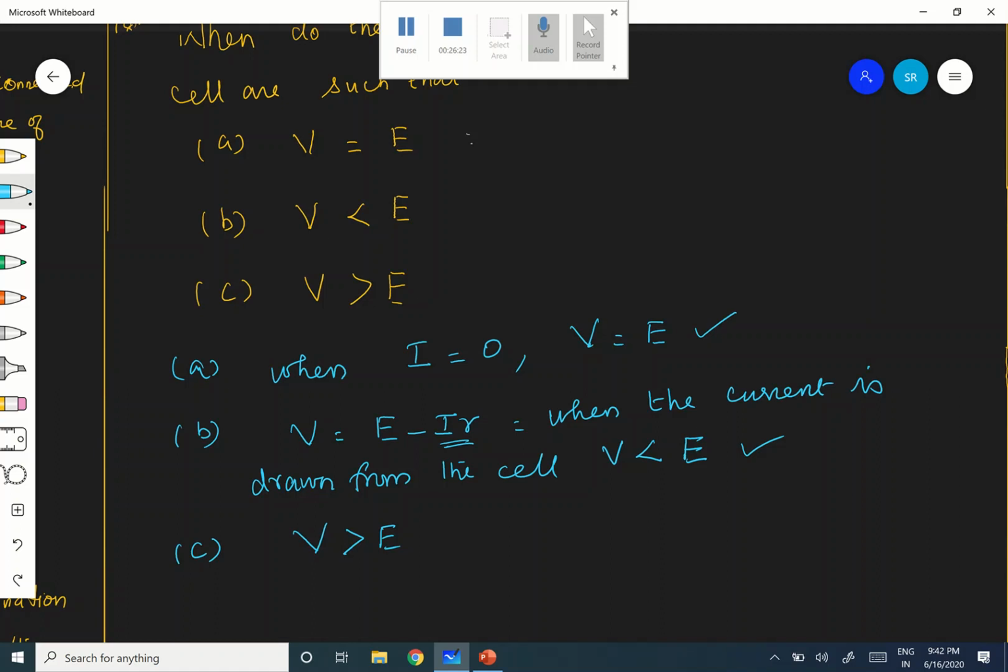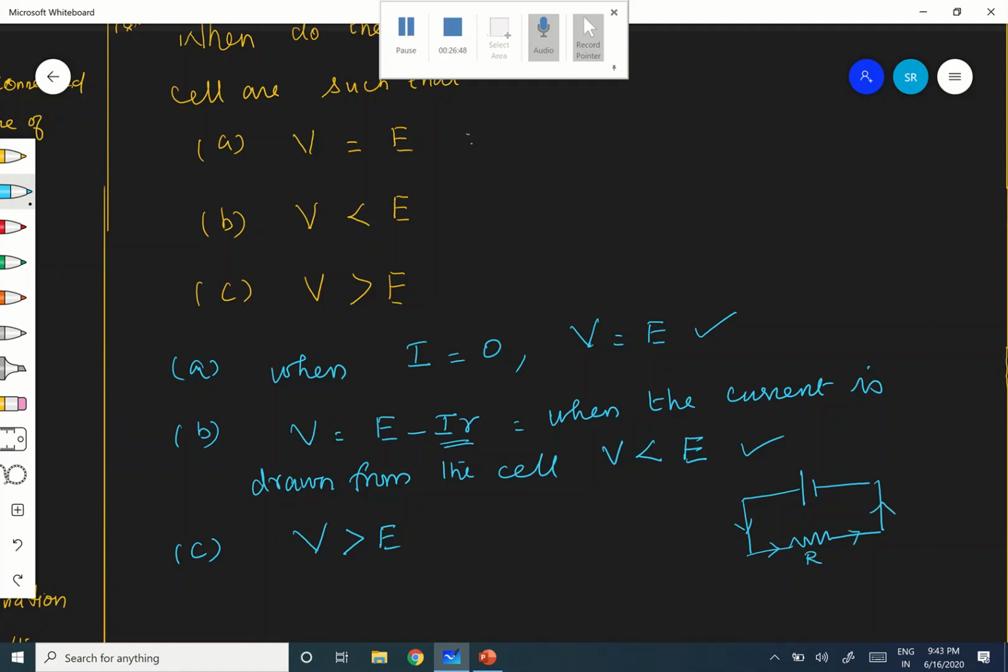See here, when the current is drawn from the cell, this is the cell and here the external circuit is there. Therefore, the current is drawn from the cell through some external resistor.